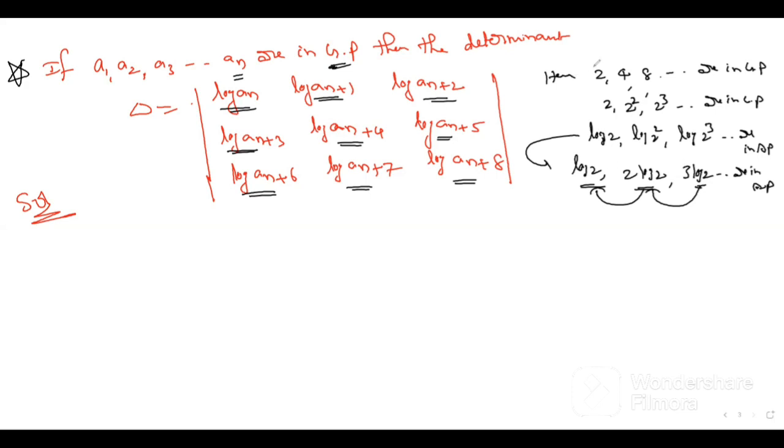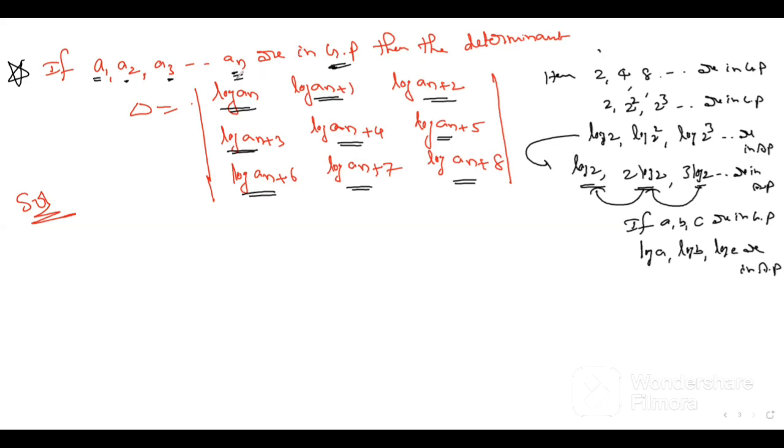If A, B, C are in GP, log A, log B, log C are in AP. The logarithm values are in AP, arithmetic progression. Okay, here A1, A2, A3, AN are in GP.